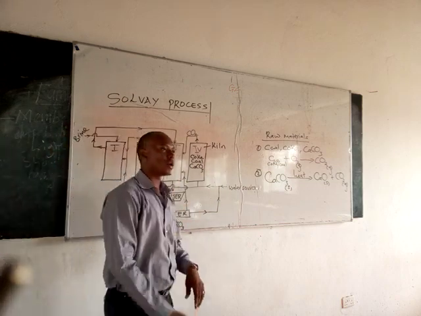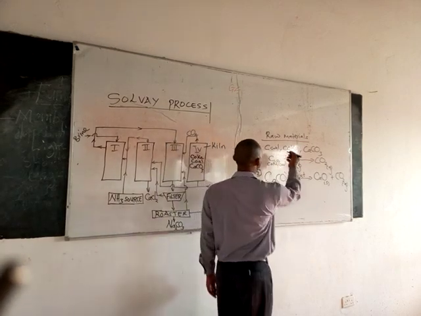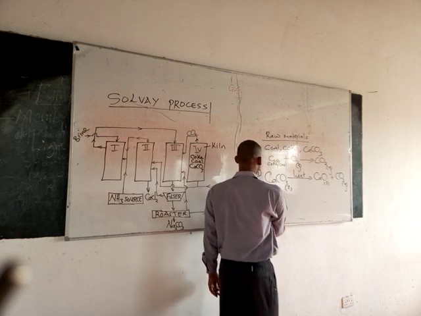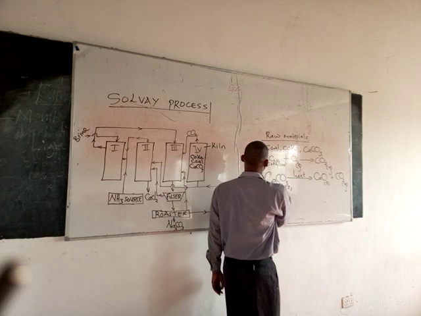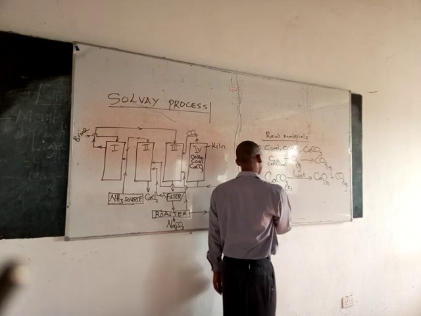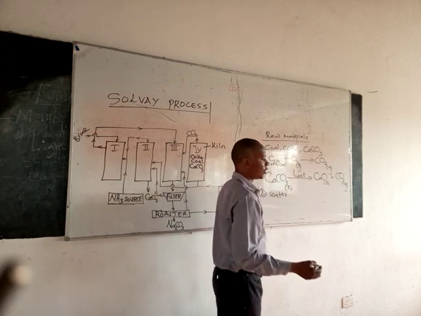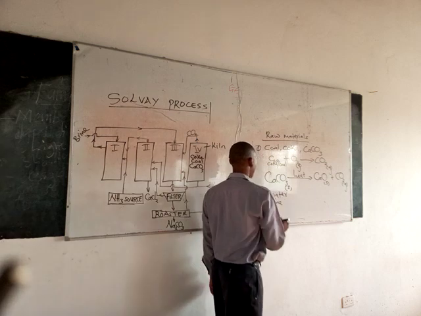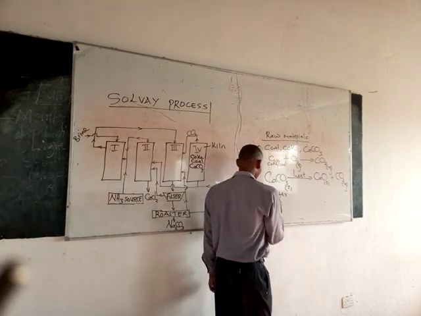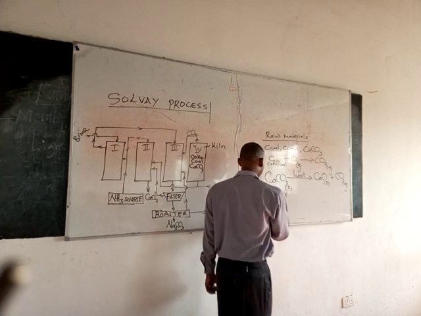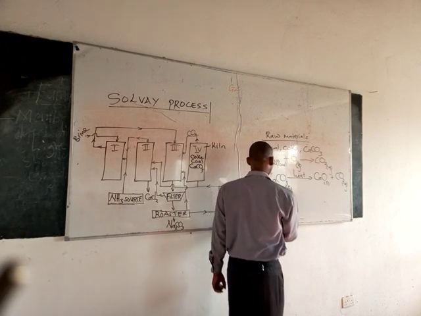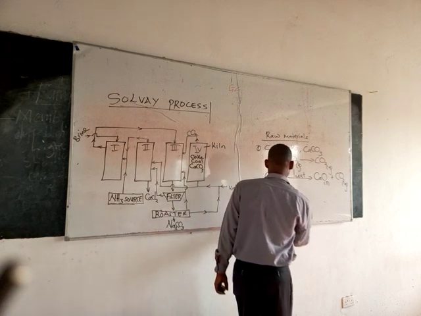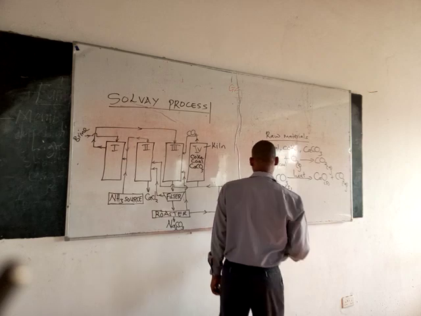Now, more raw materials for this process include water, and we still have brine. Then we have ammonia, ammonia gas.